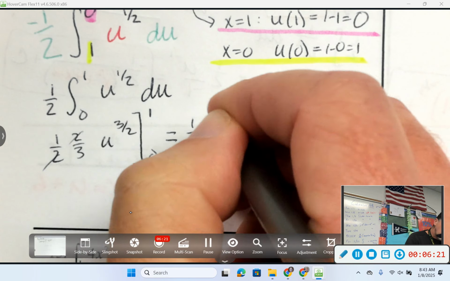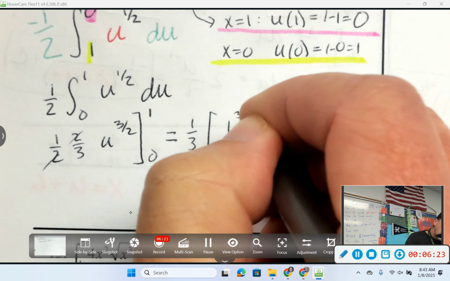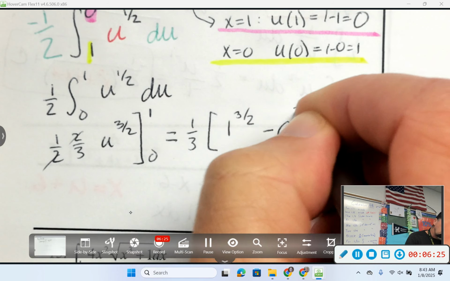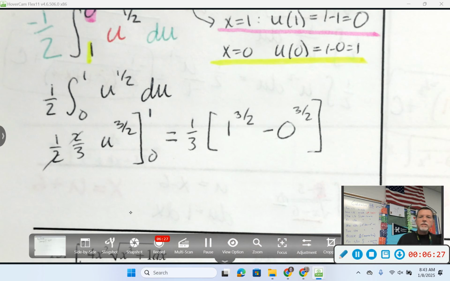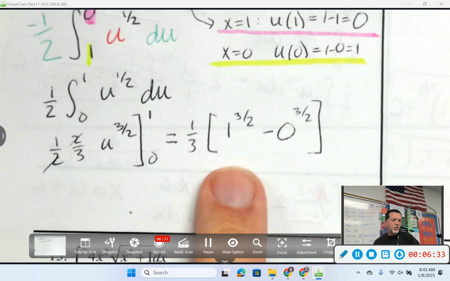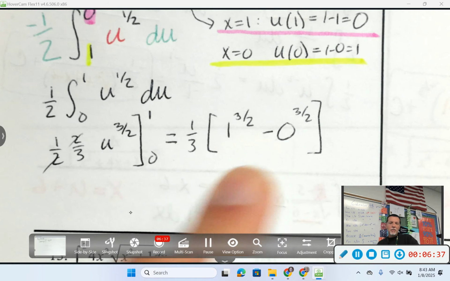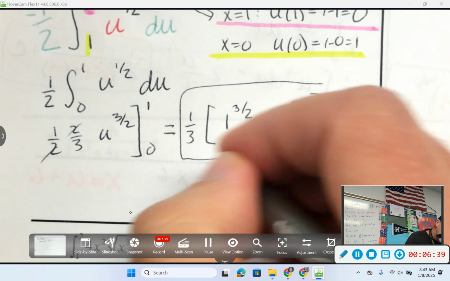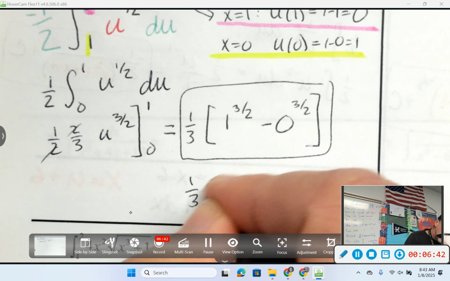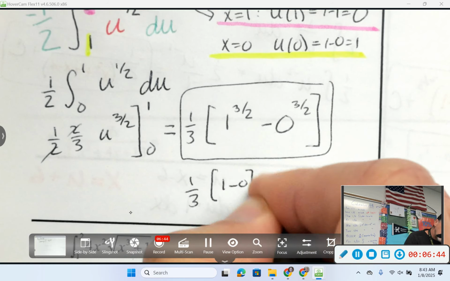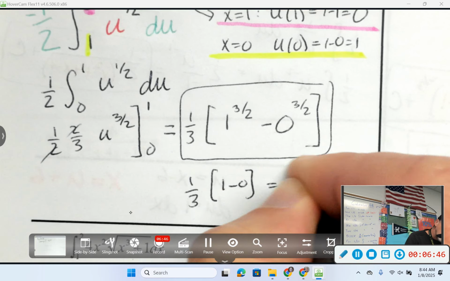So 1/3, 1 to the 3/2 minus 0 to the 3/2. That's a safe stop, right? So if you're worried about weird exponents, although surely 1 and 0 aren't a problem, but if there were weirder numbers in there, that would be a safe stop, and you could leave that alone. But 1 minus 0 is 1, and so my answer is 1/3.